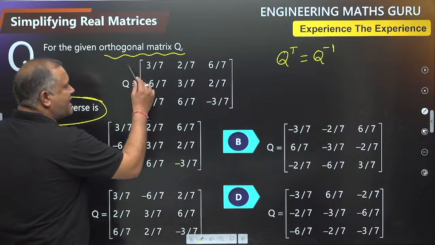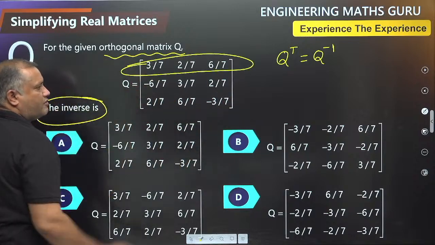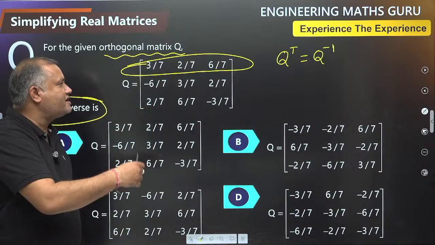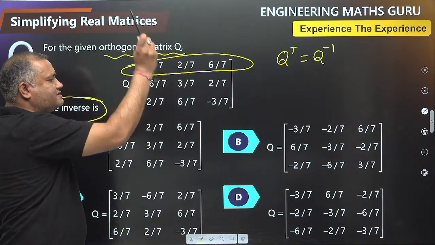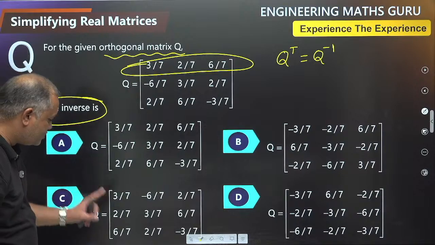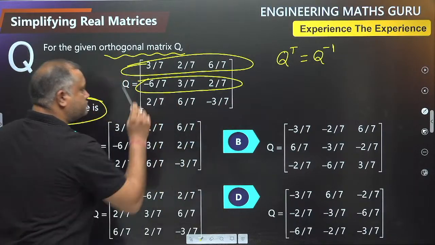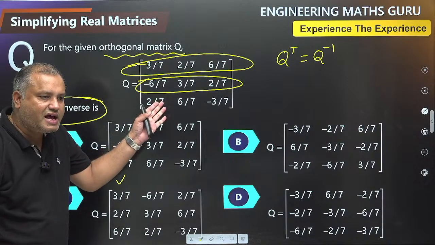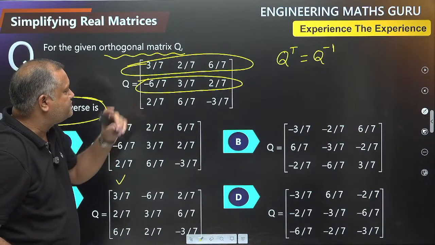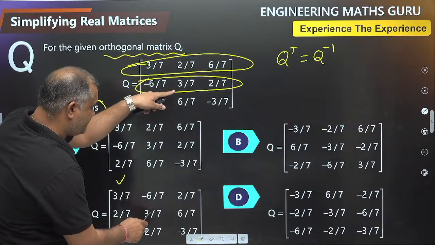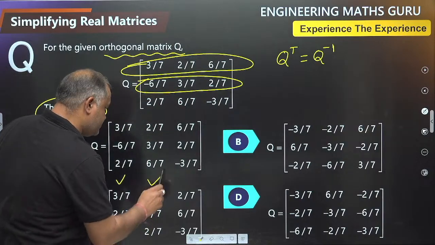So how to take the transpose? First row will become first column. So find the matrix whose first column is 3 by 7, 2 by 7, 6 by 7. Yes, first column. Second column is second row. अरे भाई इसका ट्रांसपोज लेना है ना. Second column is second row: minus 6 by 7, 3 by 7, 2 by 7. Correct.